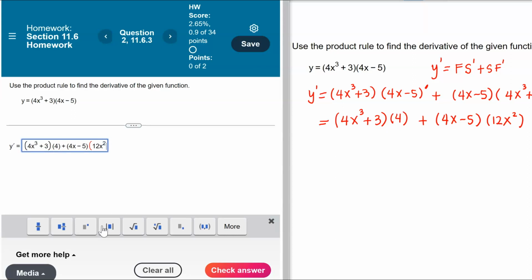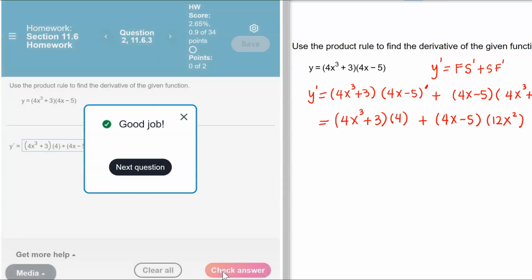That's it. Make sure that what you have here is exactly what you wrote as your answer. And then let's check the answer. See? You don't need to simplify it or write it in its simplest form when you input your answer.